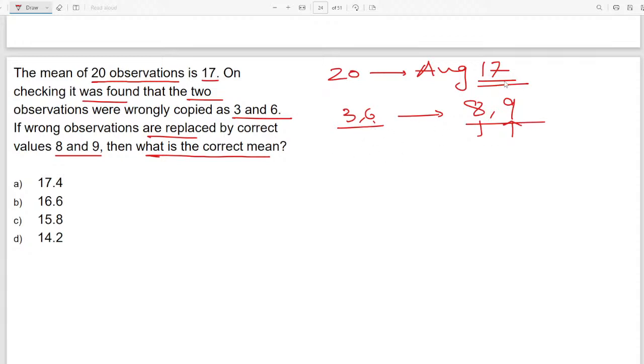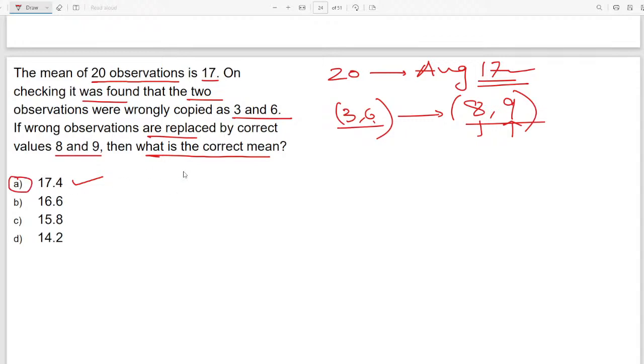The sum would be more and the average would be more, because the observations were less here. So we have underestimated the observations. If you see the answers, there is only one value that is greater than the old average. That is option A. The correct answer is option A.